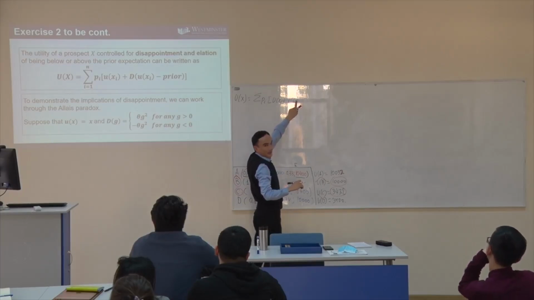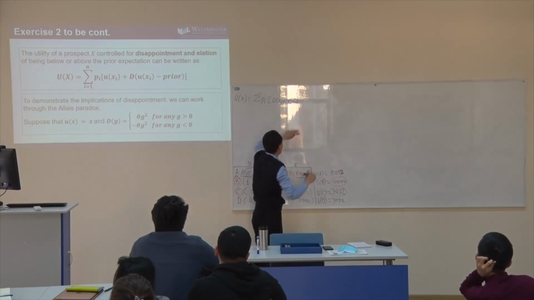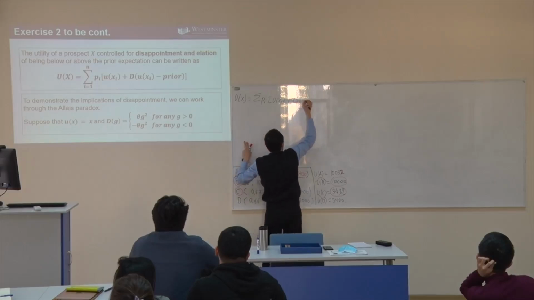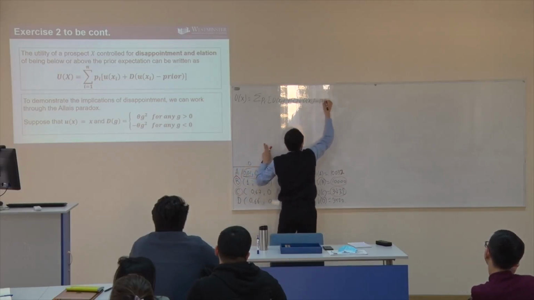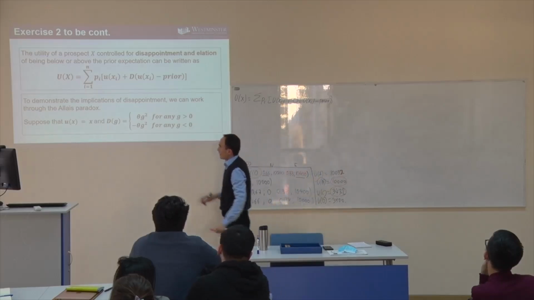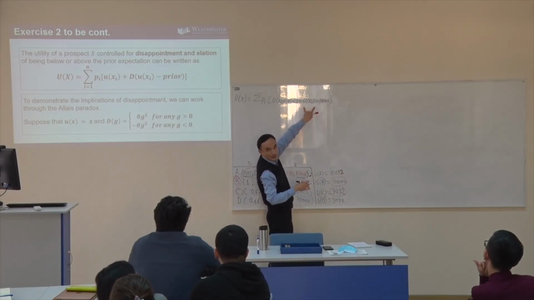It can be either disappointment or elation, all right? It will represent both. So now we have here the payoff of x_i minus prior. Good.